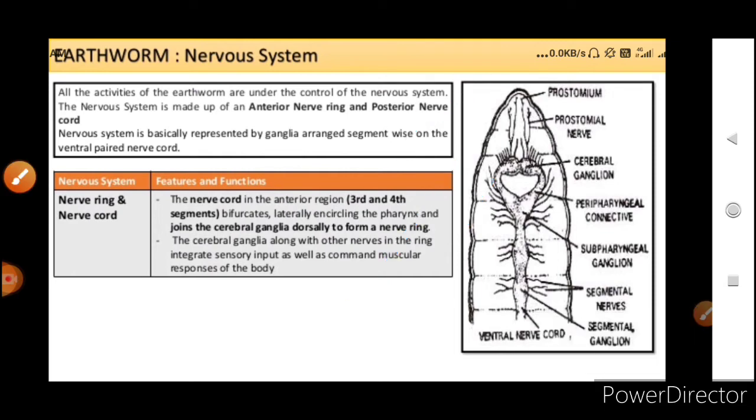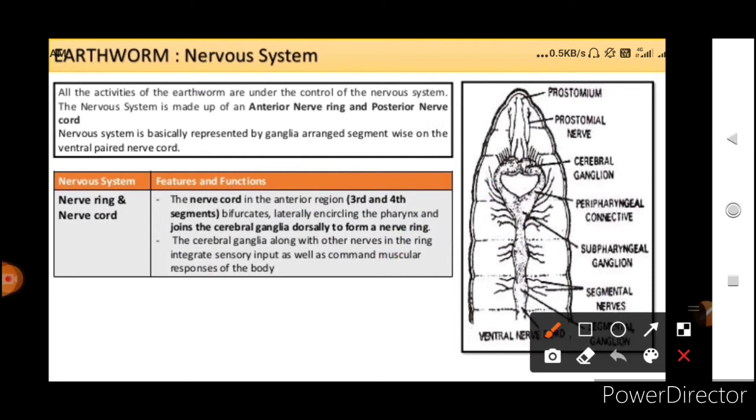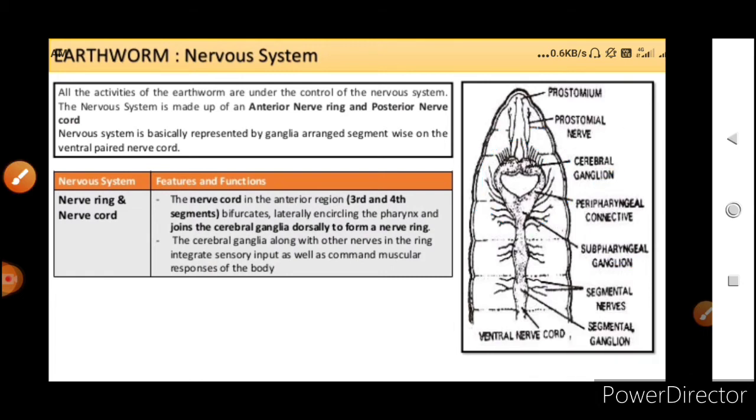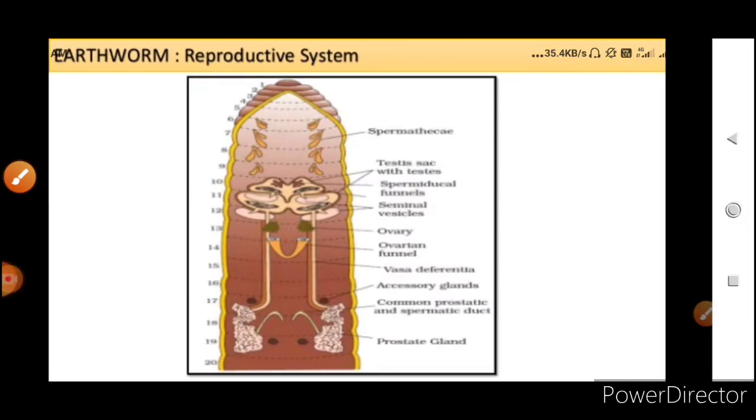You can see in the diagram that a ring-like structure is formed, and this is the nerve ring. It is formed where the cerebral ganglia are joined dorsally. Other ganglia are also present. This nerve ring acts as a brain.